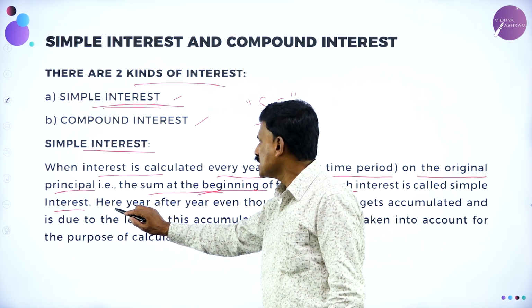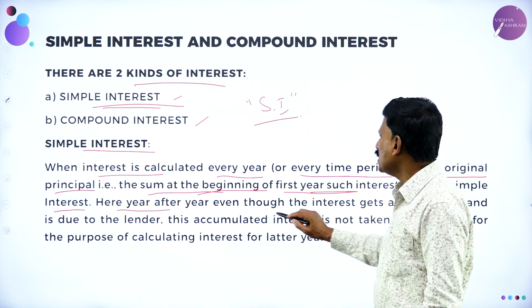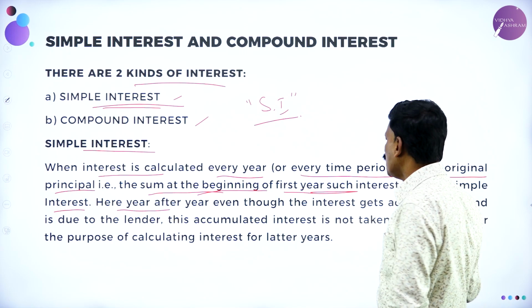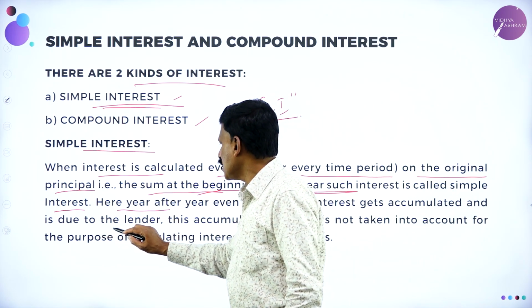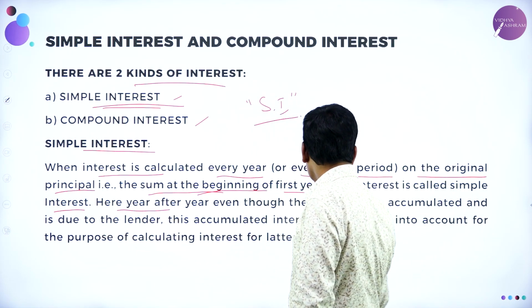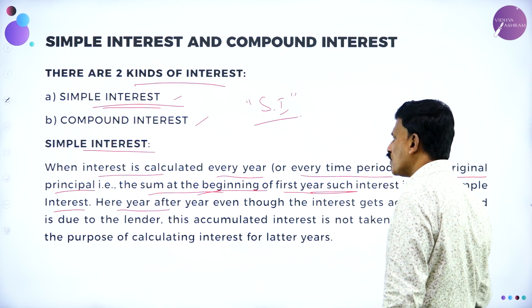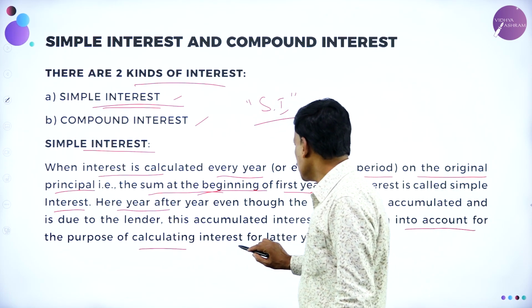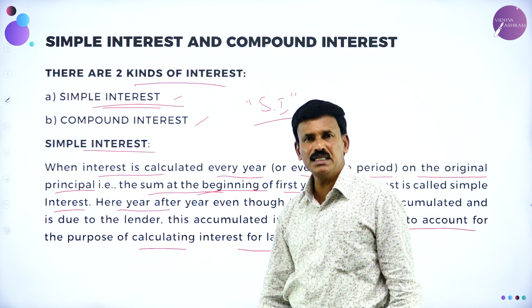So here, year after year, even though the interest gets accumulated and is due to the lender, this accumulated interest is not taken into account for the purpose of calculating the interest for the later years, right?